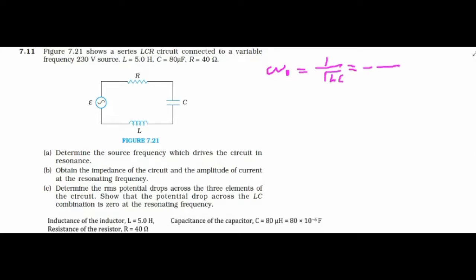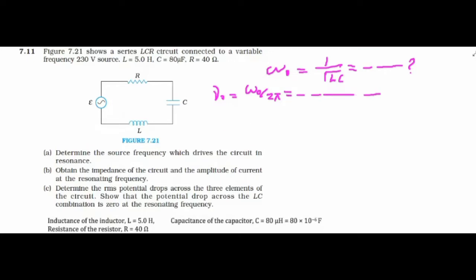Substituting the values, you can find omega. The question is not very clear whether it asks for resonant angular frequency or frequency. Therefore, definitely you need to calculate frequency also. So frequency nu naught is equal to omega naught divided by 2 pi. So you will get the value of nu naught.